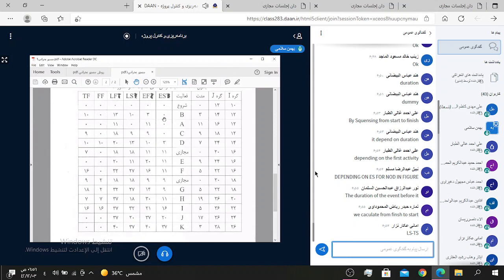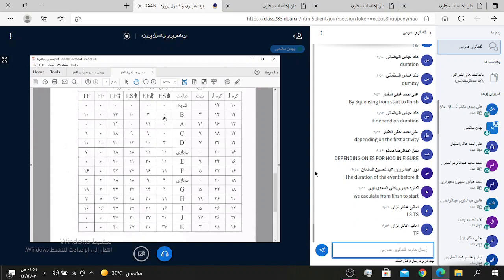LS minus TS. What is the TS? TF. No. It's not related to the TF because I don't calculate the TF now. It's related to the future, not now.